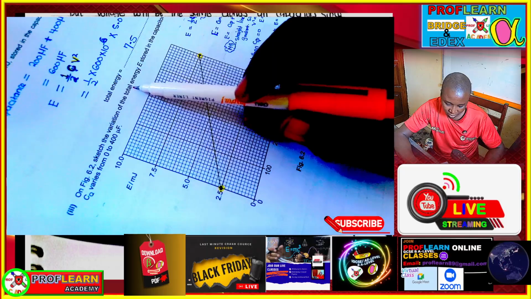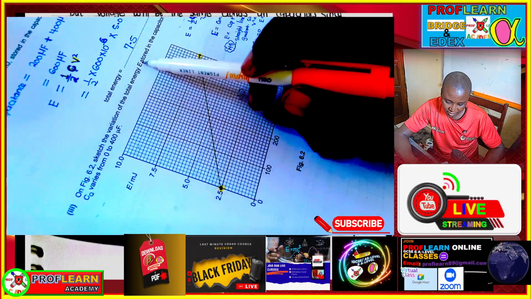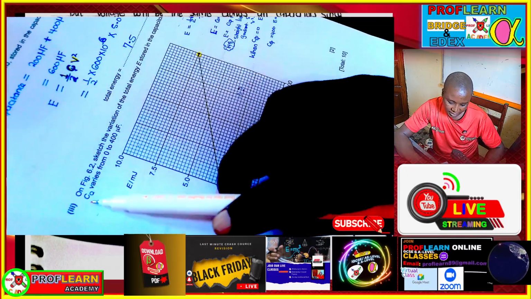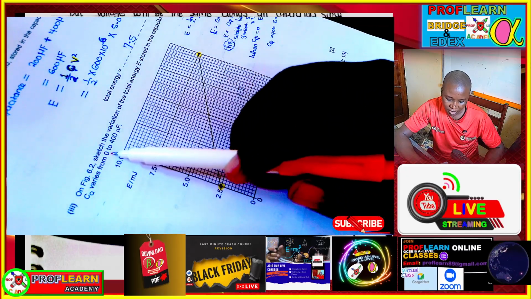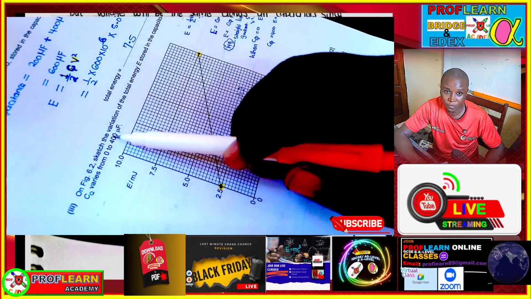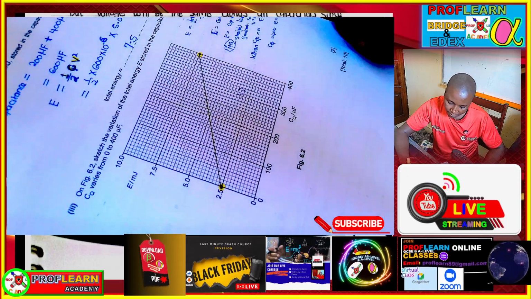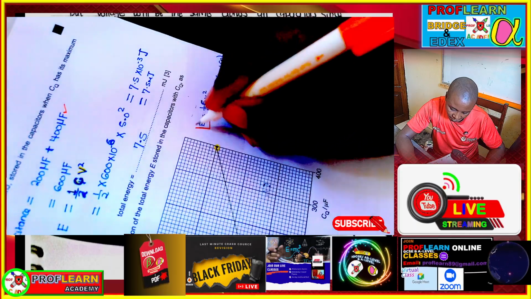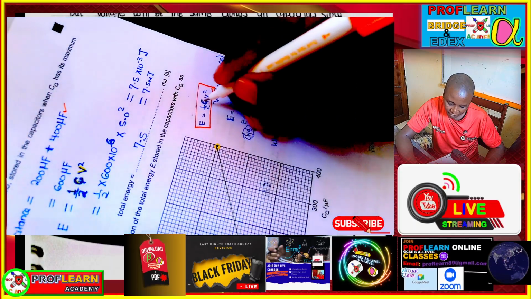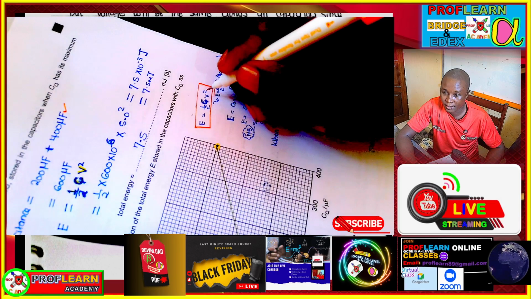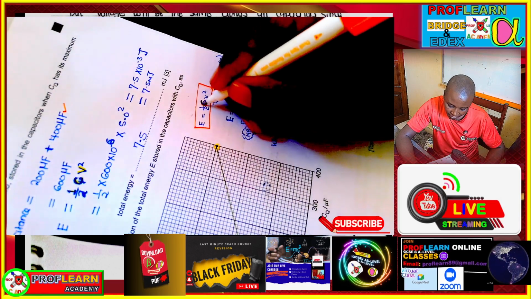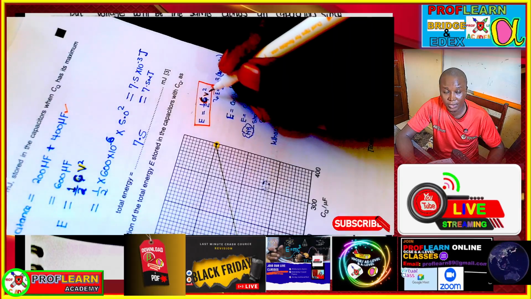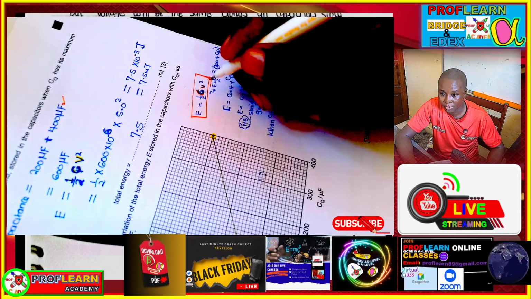Sketch the variation of the total energy stored in the capacitor with Q, as Q is varied from 0 to 400. So remember, we are talking about energy. Energy is equal to a half CV squared, where C is the capacitance and V is the potential difference.